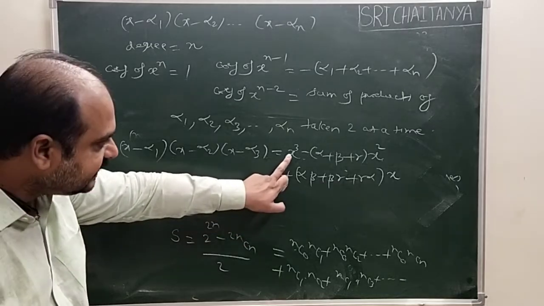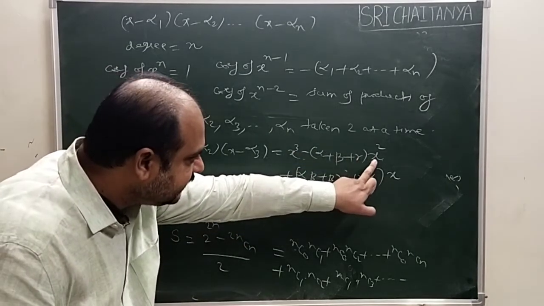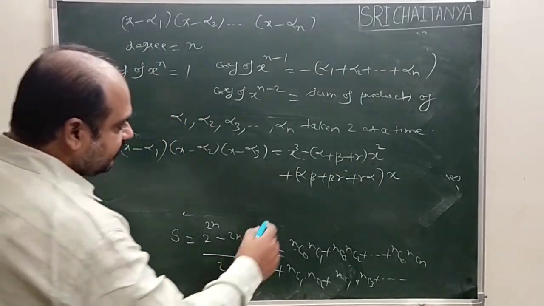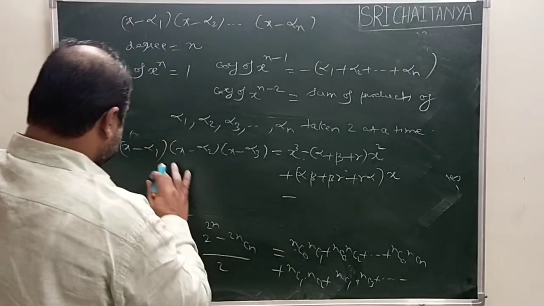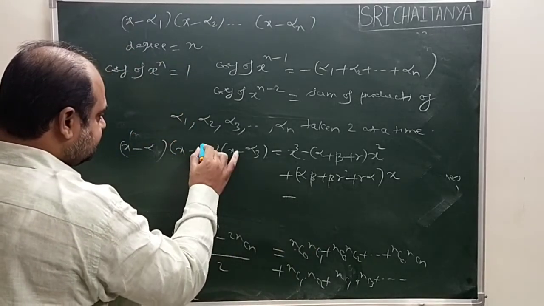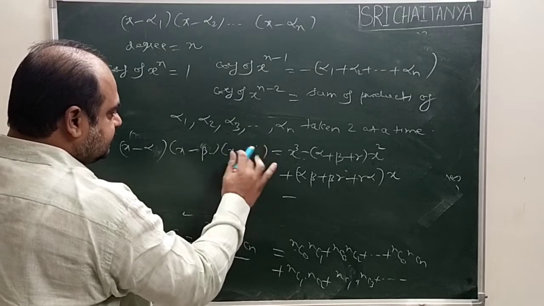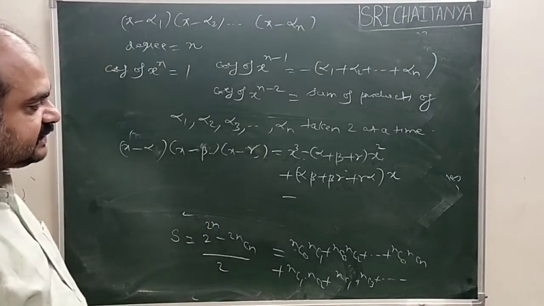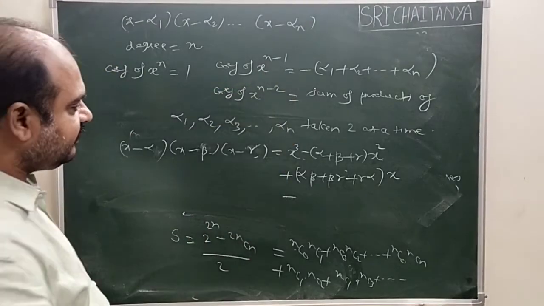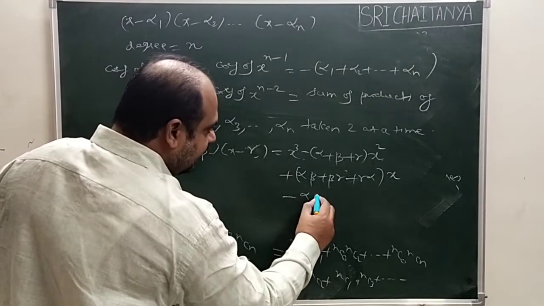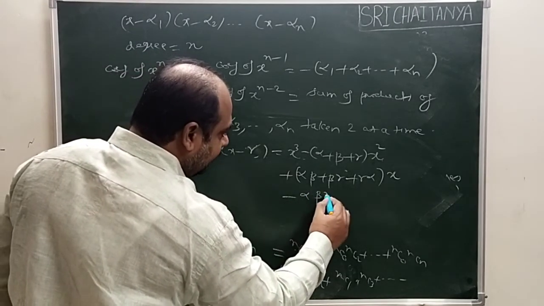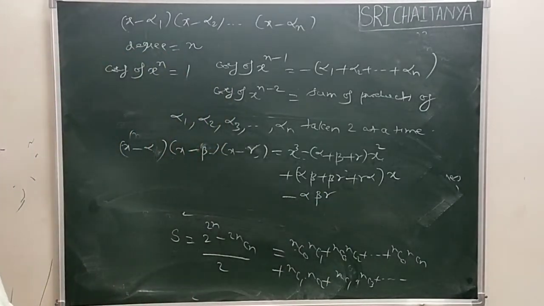After that comes the constant term. Let us take these as alpha, beta, gamma. Similarly, the constant term is minus alpha 1, alpha 2, alpha 3, the x power 0 term.